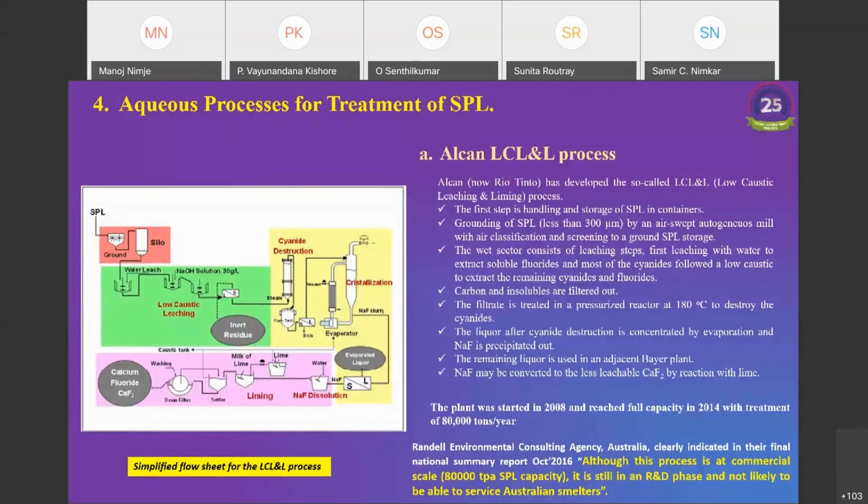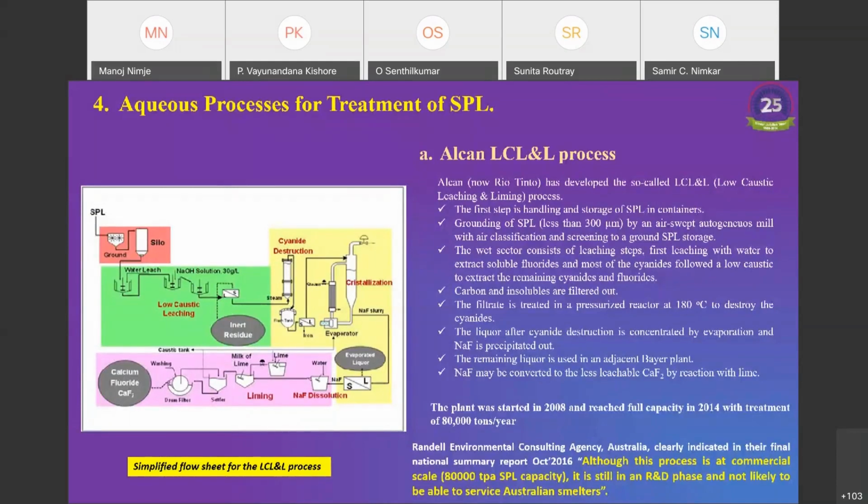Dalcam started the plant in 2008 and reached full capacity in 2014 with the treatment of 80,000 tons of SPL per year, and the final product contains 5 times less total fluoride and sodium, which allows a higher dosage of SPL if added to cement production.